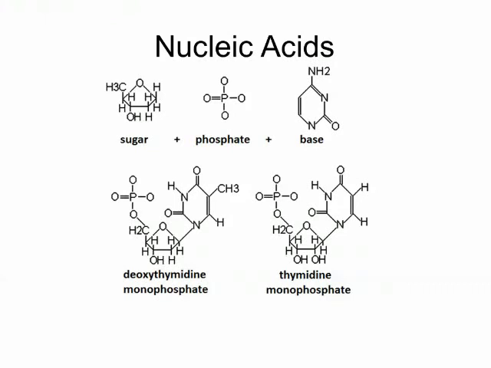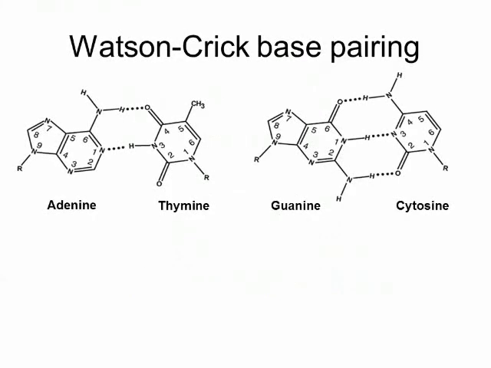We have the sugar, phosphate, and the base, and when they come together, it has a structure like that. It is either a deoxythymidine here, because there is no OH here, or it is just thymidine, which would go to the RNA molecule. And well, that's called the famous Watson-Crick base pairing, where the bases pair with each other.